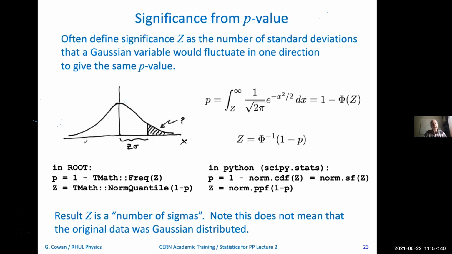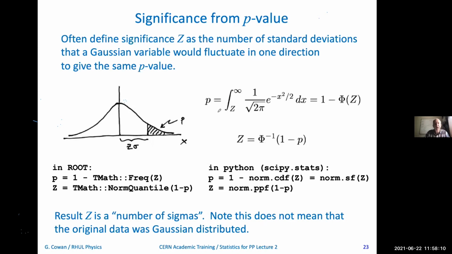And there's also, by the way, a two-tailed version of this, but in this particular case, we would use the one-tailed version. And so that means that the p-value is equal to the integral of the distribution from minus infinity up to that point. That's the cumulative distribution. And for the Gaussian, there's a notation that we use for that, which is phi of Z. And so here the p-value is 1 minus that, because it's the upper tail area.